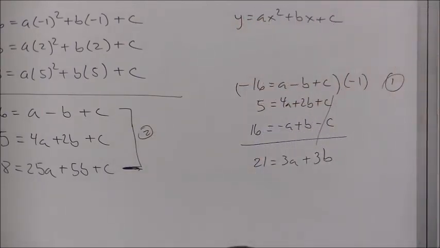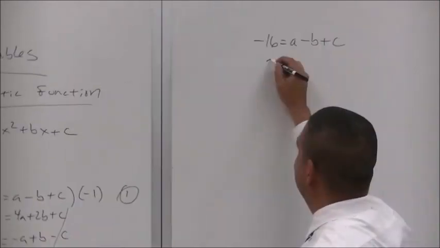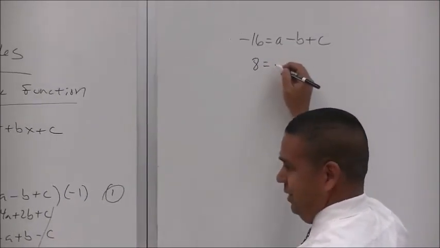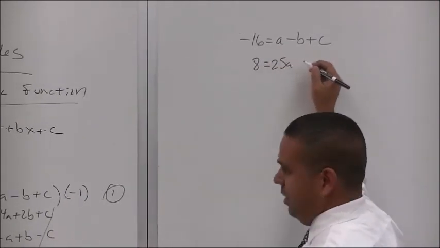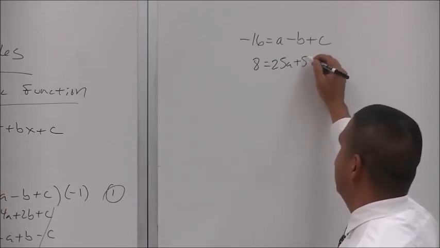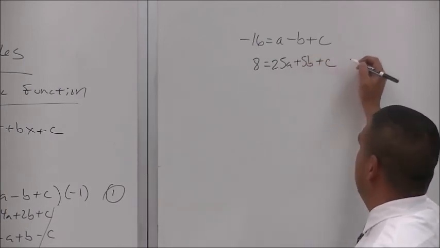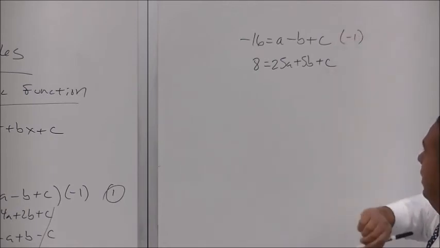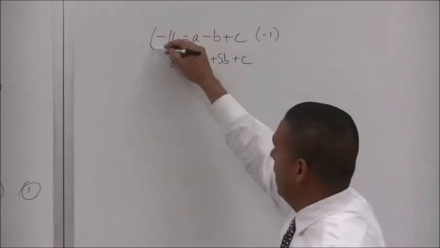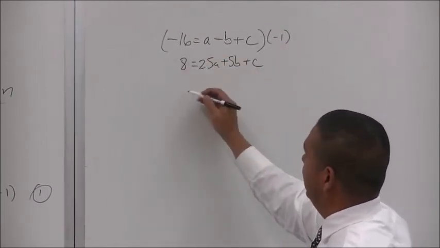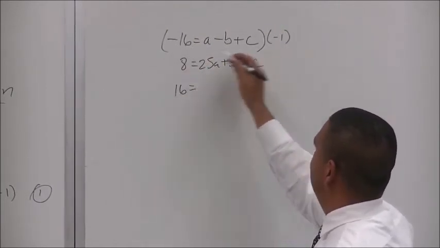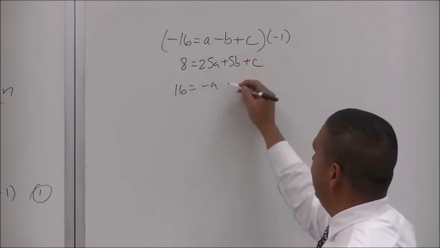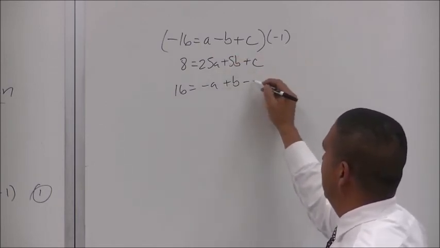So now we're going to have negative 16 equals a minus b plus c with our third equation. 8 equals 25a plus 5b plus c. And multiply again the top one by negative 1. So we get 16 equals negative a plus b minus c.